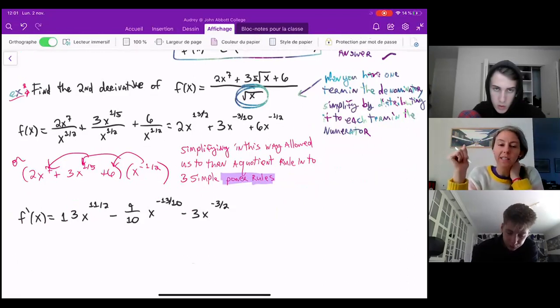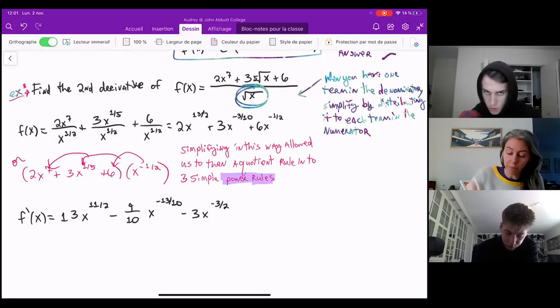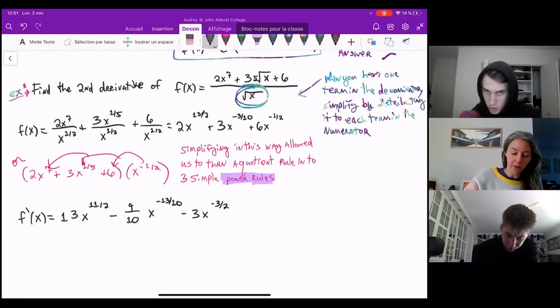So when I take my second derivative, since I turned it into simple power rules the first time, do I still only have power rules to do? If I want my second derivative, I've still just got simple power rules. I bring the thing down and I subtract 1.